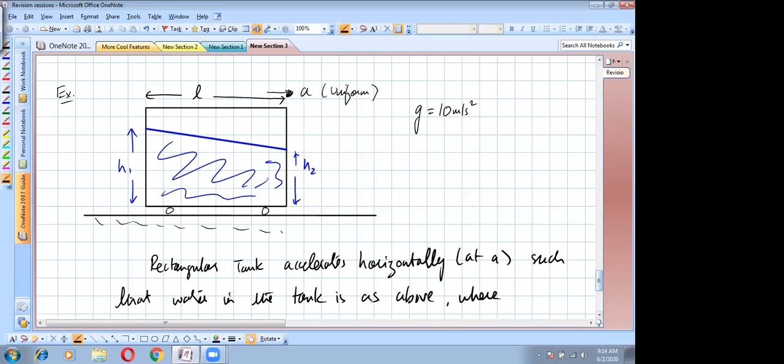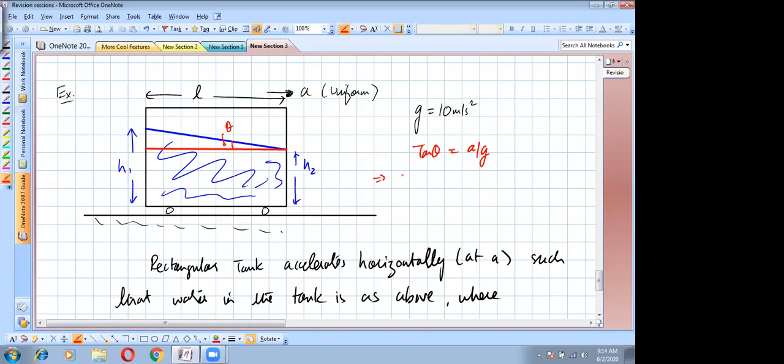So you can understand here that in this diagram, you try to calculate tan theta, or the inclination, to work out this angle theta. So use the formula tan theta equal to a by g.